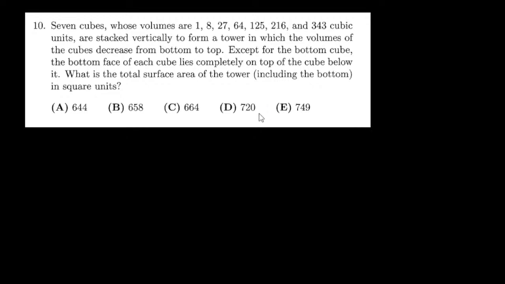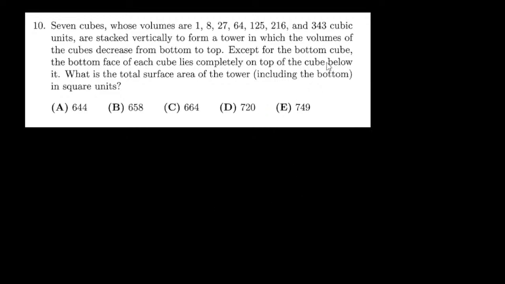So at the bottom I have maximum volume, and as I go up and up, the volume will decrease. Except for the bottom cube, the bottom face of each cube lies completely on top of the cube below it. Okay, that is also fine. What is the total surface area of the tower?